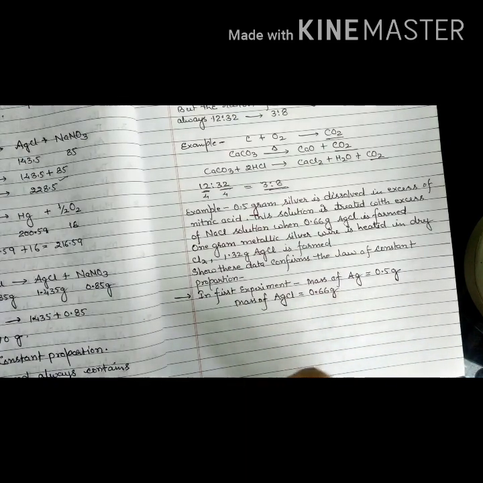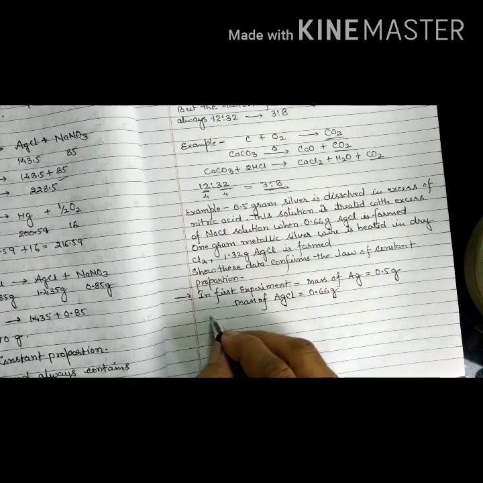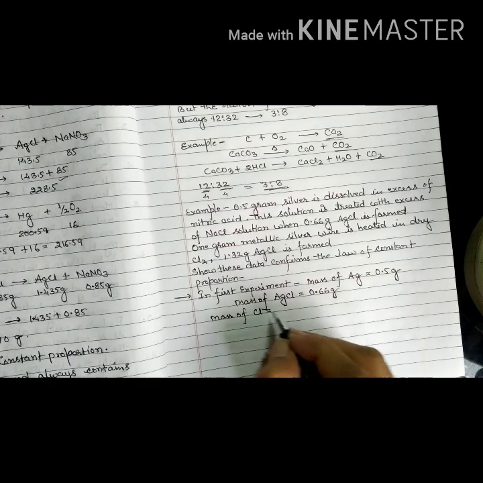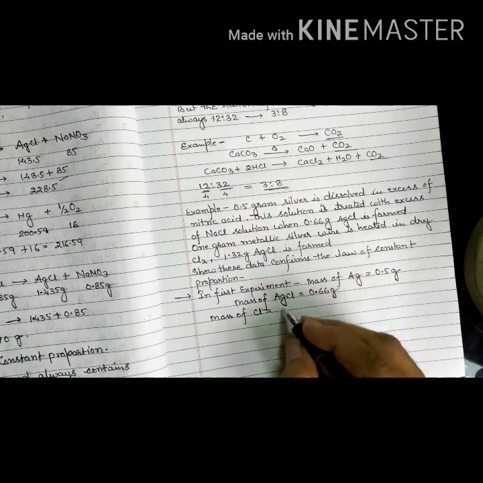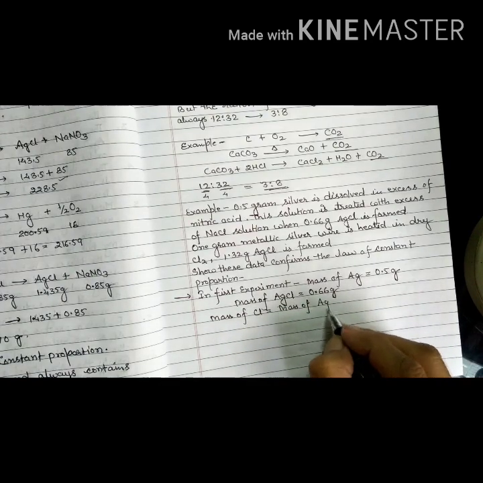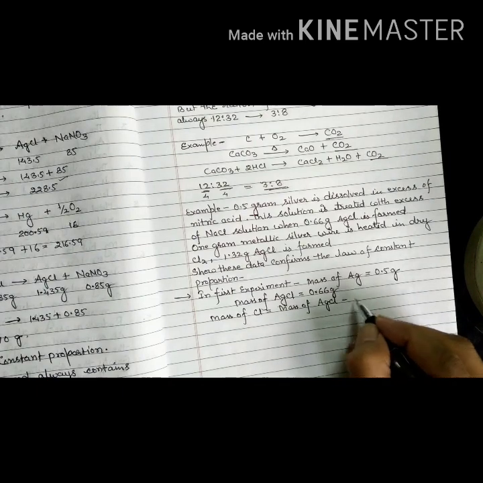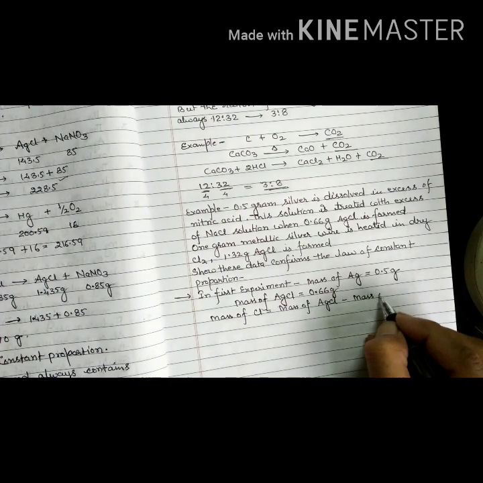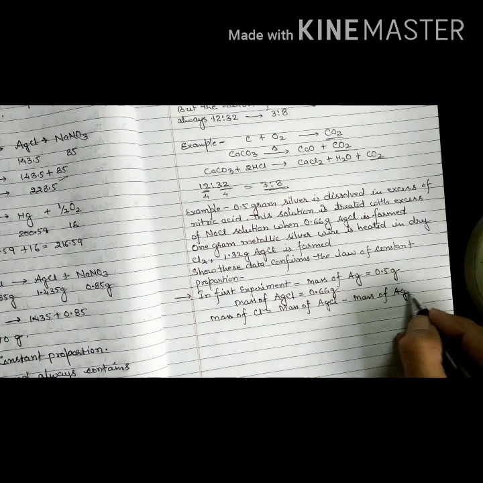Then mass of Cl is equal to mass of AgCl minus mass of Ag.